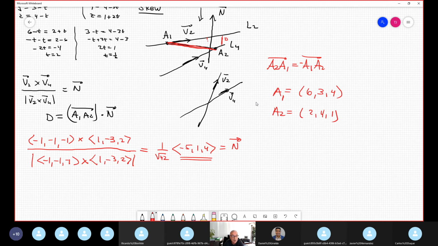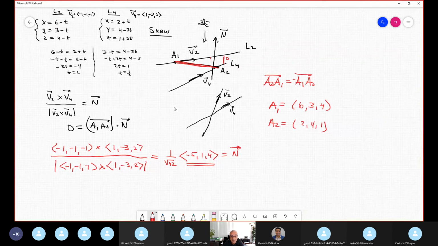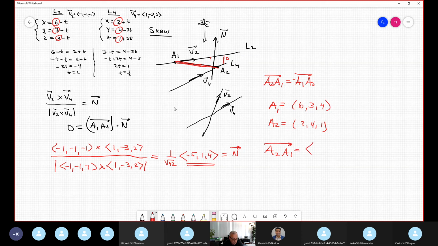Remember, these numbers come from the coefficients in the line that has no t, because I assume t equals 0. Therefore, the vector A2A1 is <4, -1, 3>. It's 6 minus 2 is 4, 3 minus 4 is -1, 4 minus 1 is 3.